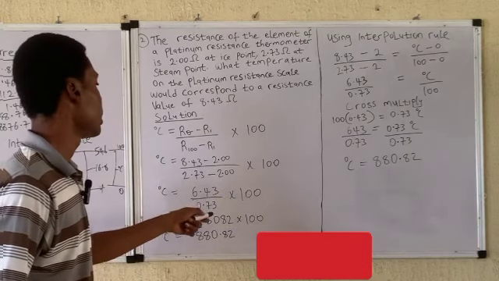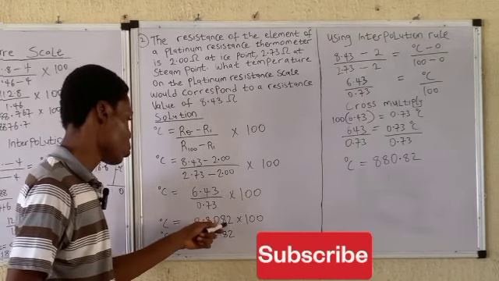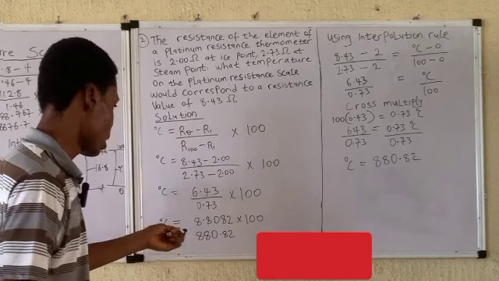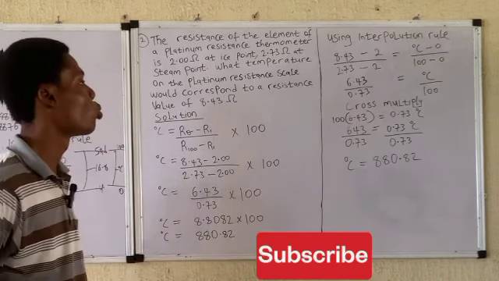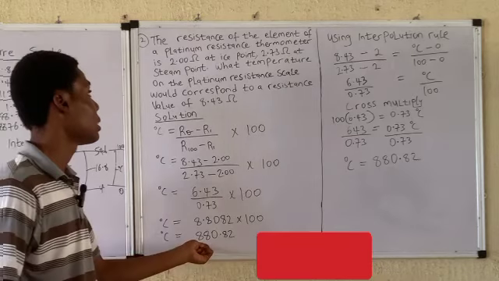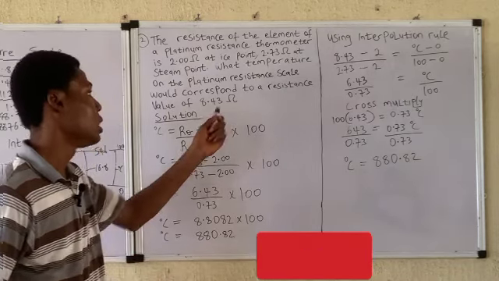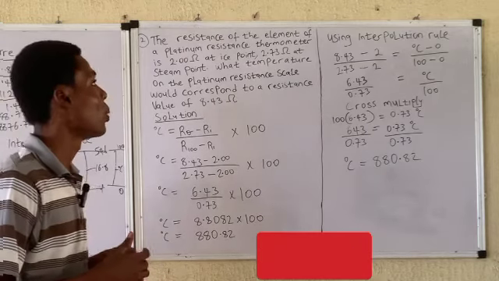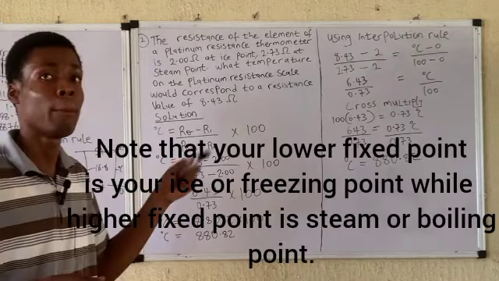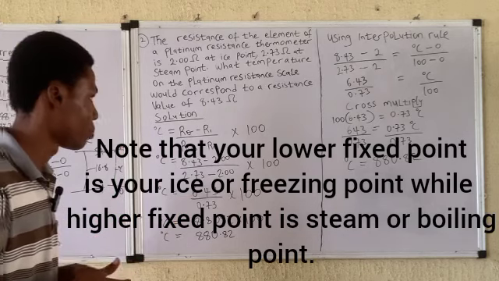So 8.8082 times 100 will give us 880.82. Now, this is the answer to this question using the formula method. Now, let's use the interpolation rule method.